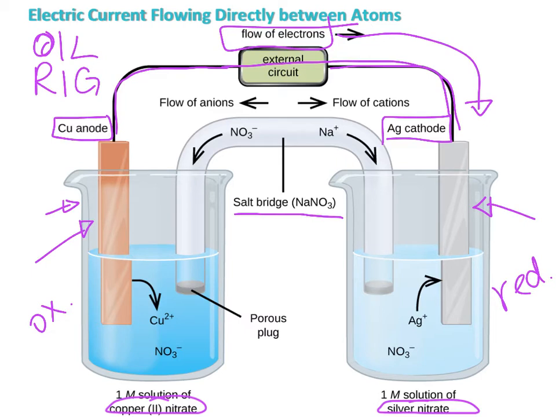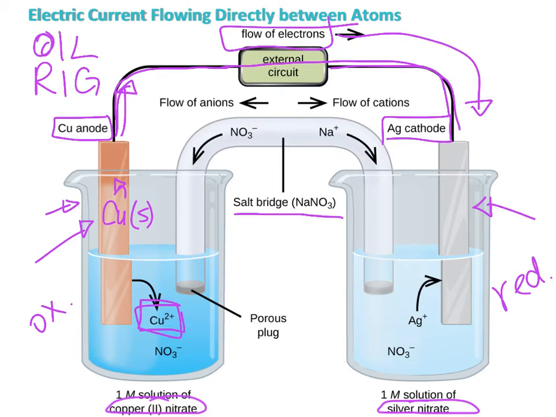Once your copper loses the electrons that start to flow up here, it turns into an ion. Once it's an ion, it'll go into solution. So instead of being solid copper, like that, right here on this little foil, it turns into copper ion, copper 2 ion.